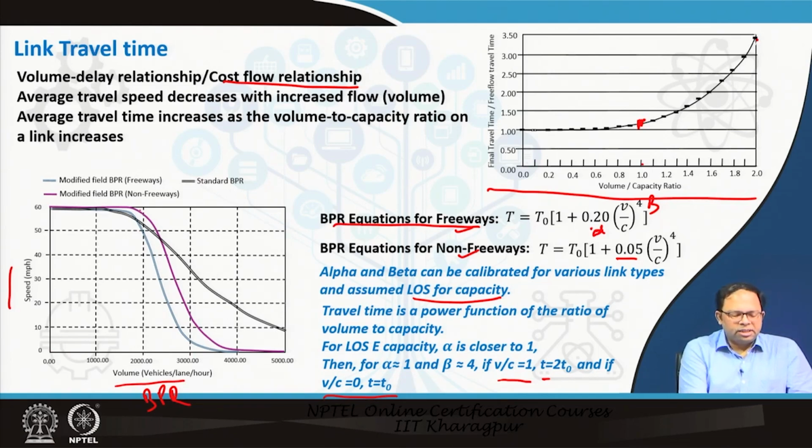Initially speed remains the same, but then suddenly there is a very drastic reduction, and then again it becomes more or less stable. This kind of S curve is seen in many cumulative distributions as well. Initially the change is less, then suddenly there is a huge amount of change in the middle.